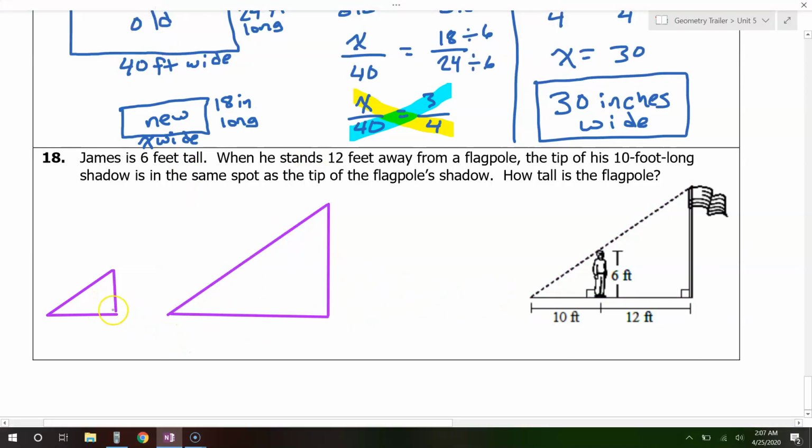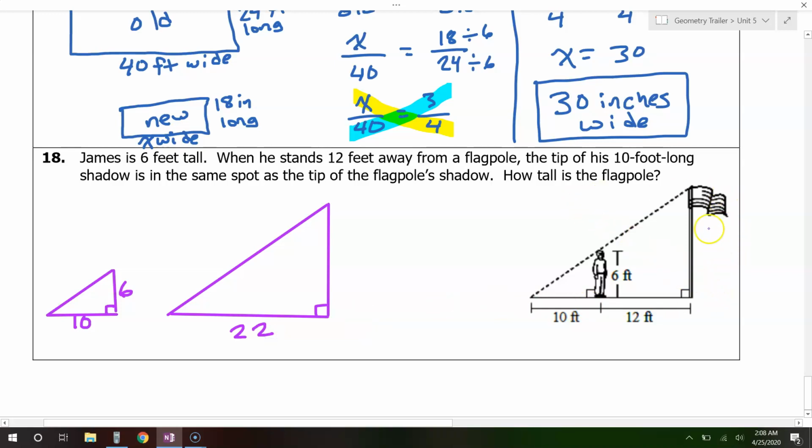Now let's label the sides of the small triangle. The small triangle has this vertical length of 6 and this horizontal length of 10. So I have the 6 and the 10. Now, what about the horizontal length of the large triangle? Well, that is 10 plus 12. I have to add these together, it's this whole thing. So that'll be 22.